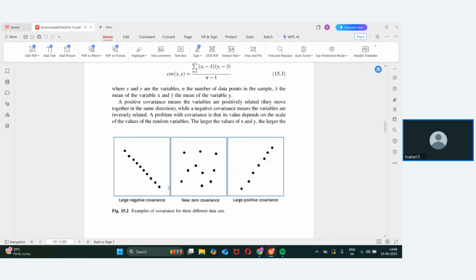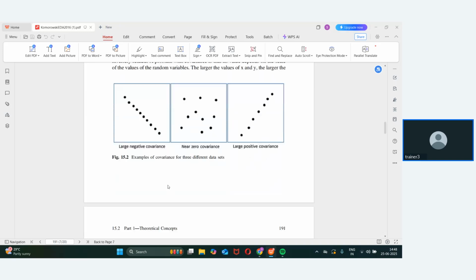While negative covariance means that variables move inversely, some in one direction and some in another. So you can see it there: positive covariance, negative covariance.